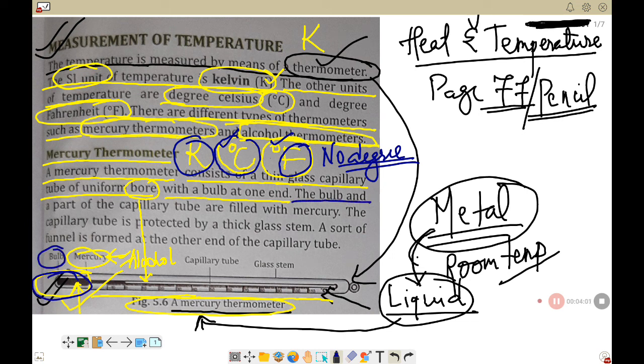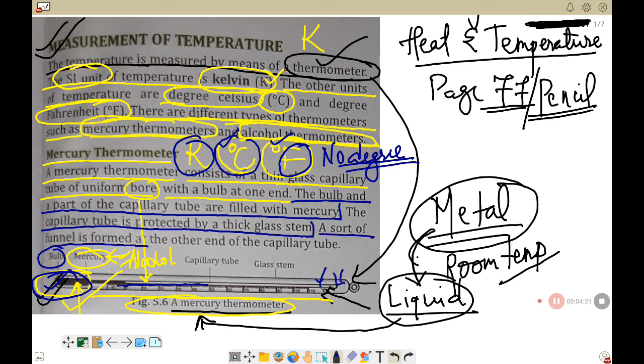The bulb and a part of the capillary tube are filled with mercury. So this bulb and this tube is filled with what? Mercury. The capillary tube is protected by thick glass stem. So your tube चाहिँ केले protect गरेको छ? Thick glass ले. Understand? A sort of funnel is formed at the other end of the capillary tube.